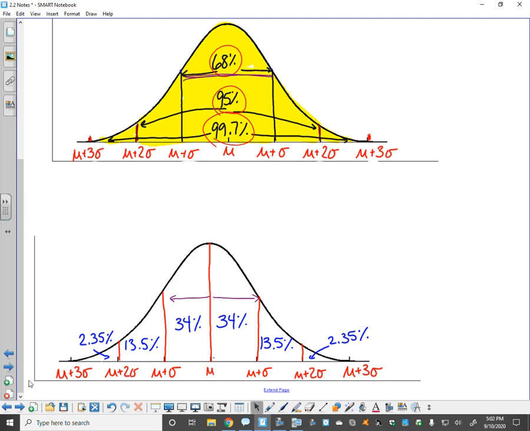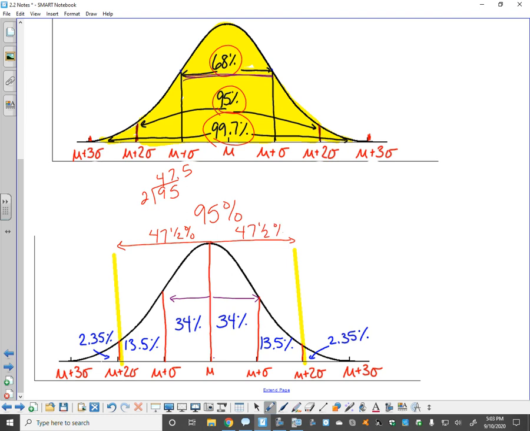If from here to here is 95%, then would it make sense that from here to here, let's see, what's half of 95%? 47.5. So from here to here would be 47.5%, and from here to here would be 47.5%.